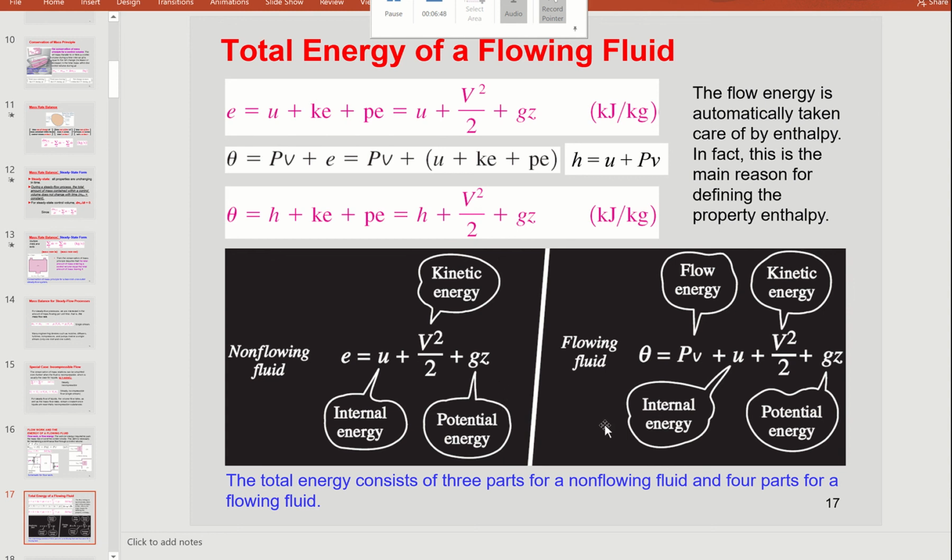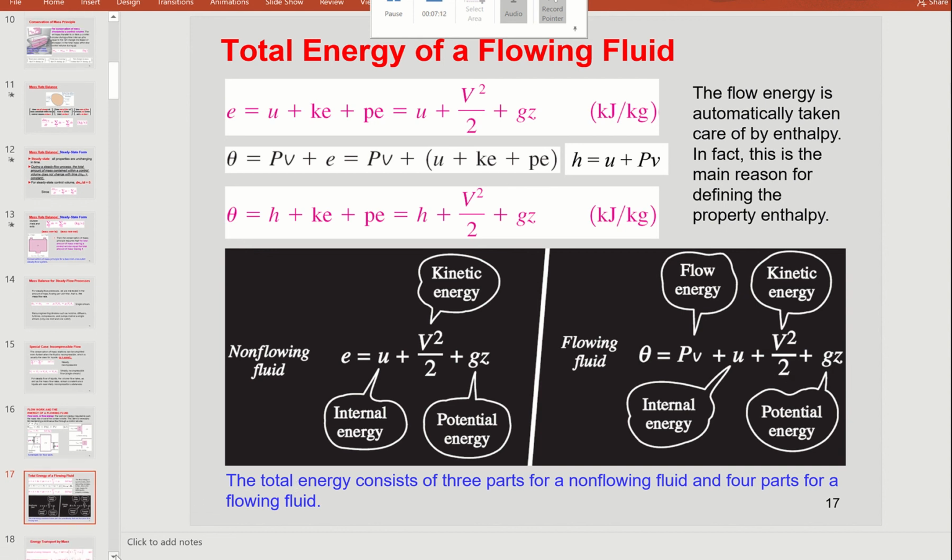However, we are thinking about an open system, so there will be flow work used to push fluid in and out. That flow work, as we talked about earlier, is pressure times volume, P times small v, because here we're looking at specific volume, again divided by mass. So we add this term to u plus v squared over 2 plus gz. That's the entire energy.